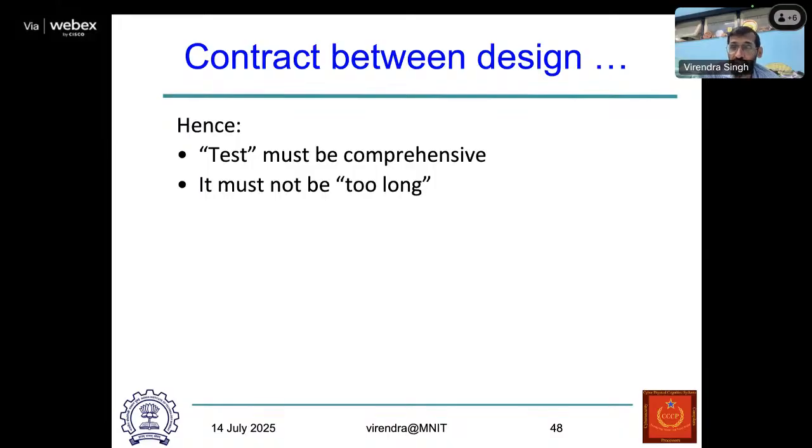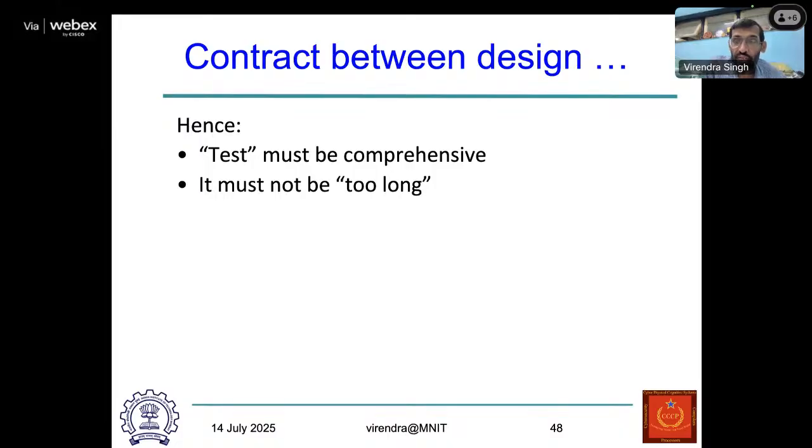5-6 rupees per second means if I want to test my chip for 1 minute, it should cost me 5 into 60, that means about 300 rupees, right? So if you test for 1 minute, it will cost you 300 rupees. So even then you cannot afford to test a device for a minute.